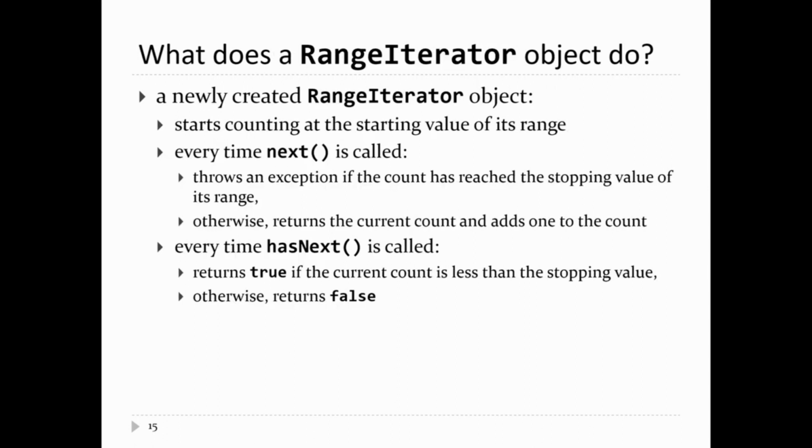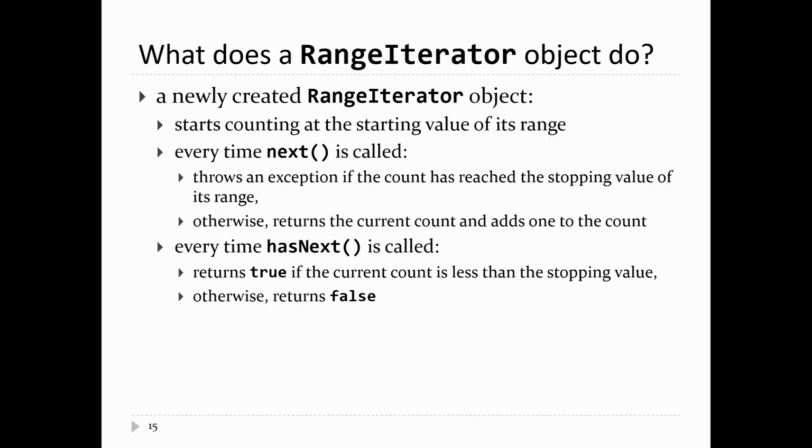Okay, so what does a range iterator object actually do? When you make a new range iterator object, remember what it's supposed to do: it's supposed to start at the beginning of the range, and be able to look at every element in the range. So when you make a new range iterator object, it starts counting from the starting value of its range.